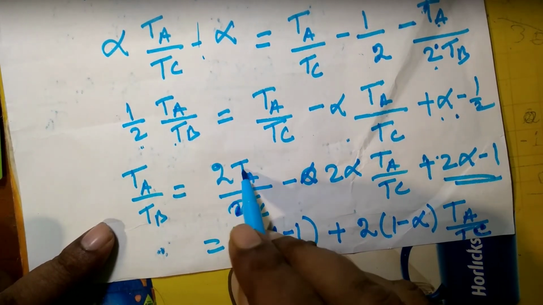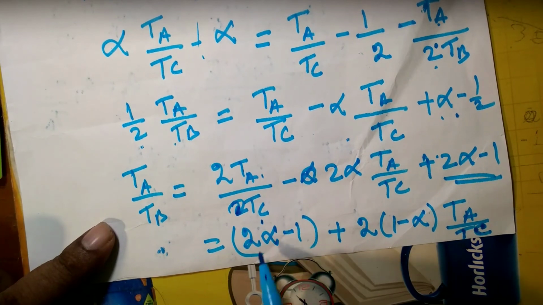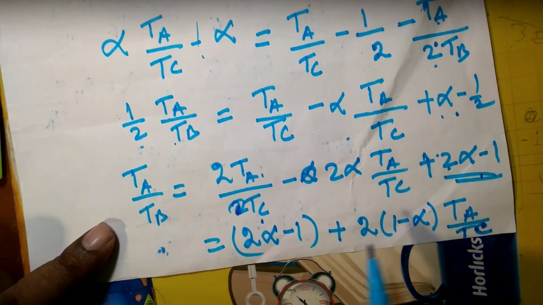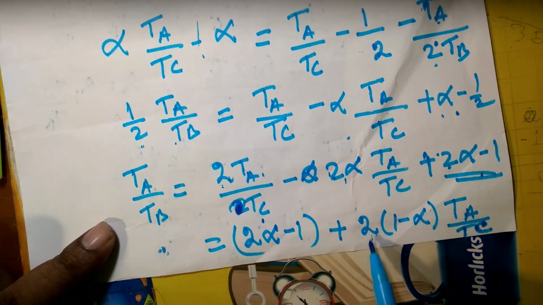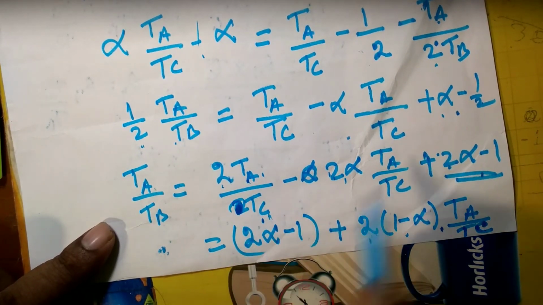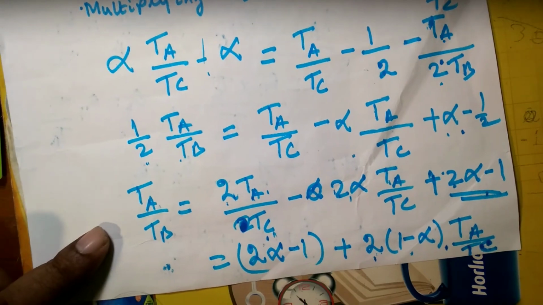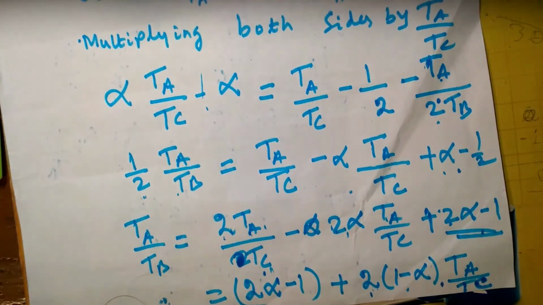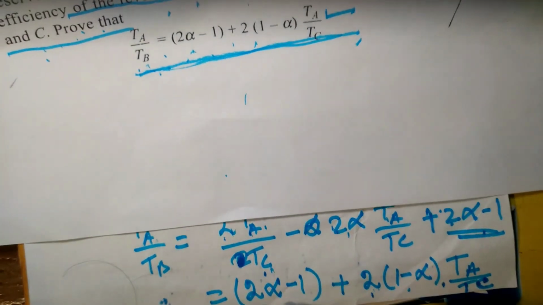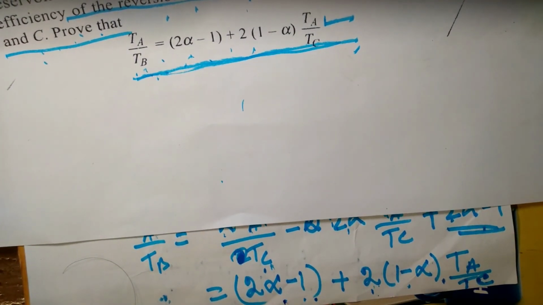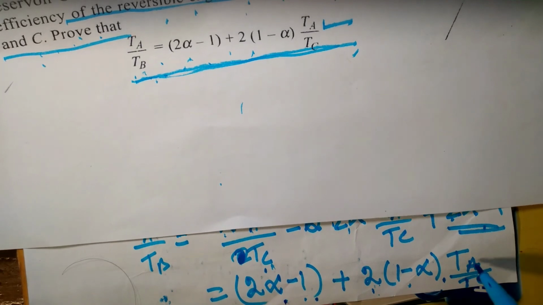Sorry, this is 2TA by TC only. So 2 alpha minus 1 plus 2 minus 2 alpha, that is 2 into 1 minus alpha, TA by TC. So that is what we have to prove, that is TA by TB is equal to 2 alpha minus 1 plus 2 into 1 minus alpha TA upon TC.